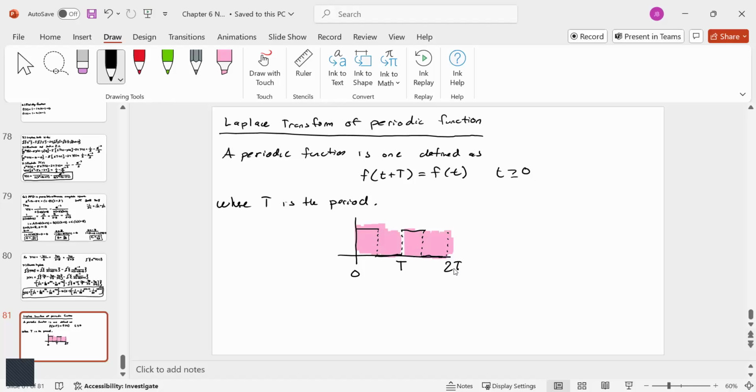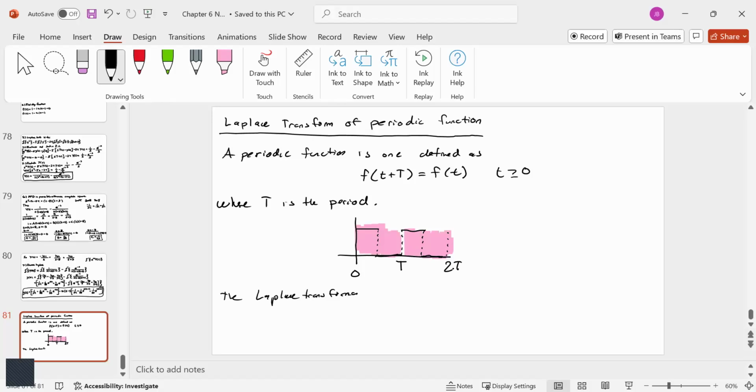So the problem with this function is it's not a continuous function, which is always a problem to deal with because there's a lot of jump discontinuities. So the Laplace transformation, actually, now let's use it.